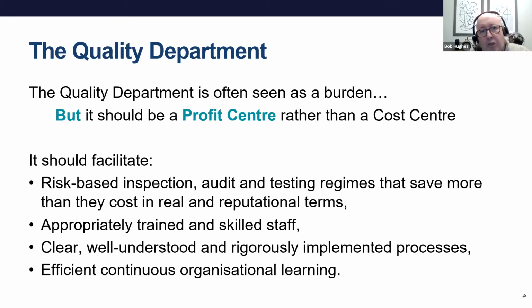But in construction, it's not fully realised the consequence, that concept of risk-based thinking and an effective risk-based inspection, audit and testing regime. It's not fully there yet, so the construction industry sector has a way to go.